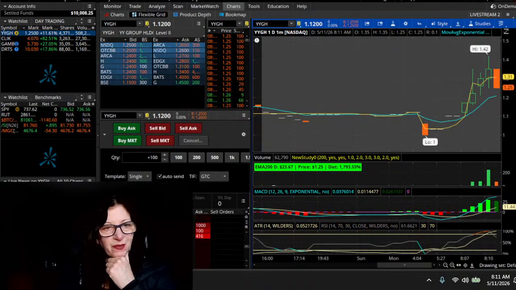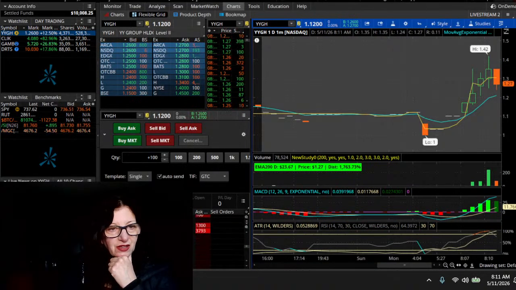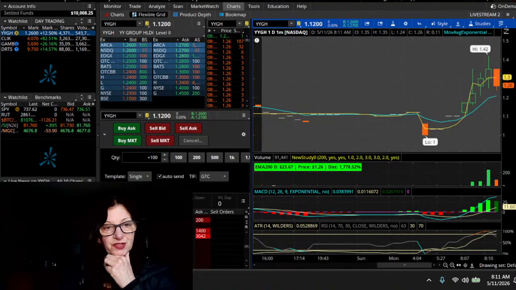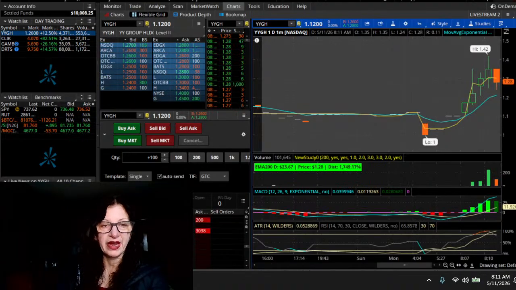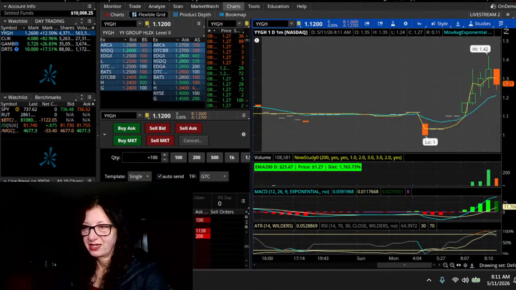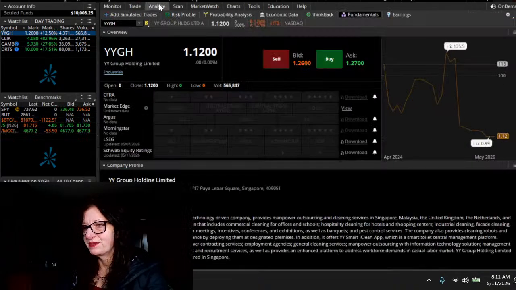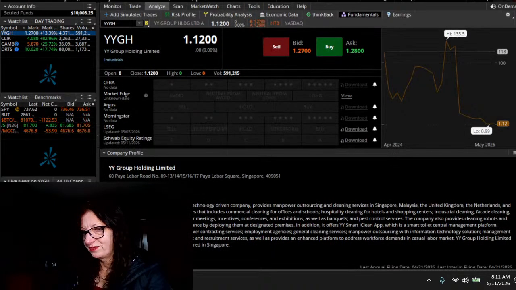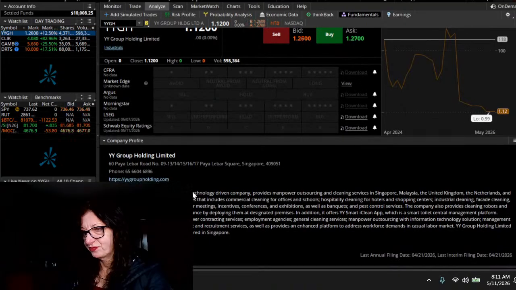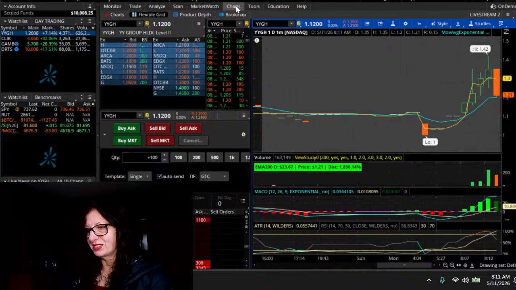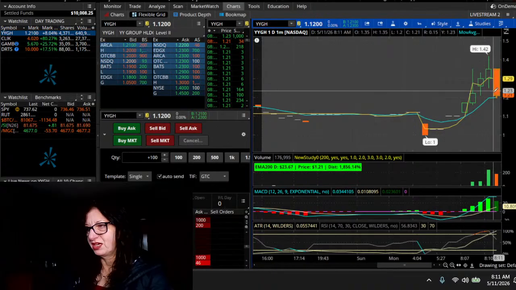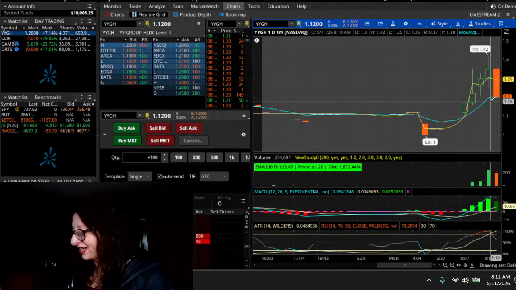It has high relative volume, high gap. They have a strategic update on AI native platform evolution and inaugural AI product review. Okay, so that's news. They're in Singapore. They're hard to borrow. They provide manpower outsourcing and cleaning services in Singapore. Ooh, yuck. This big red candle, I don't like that.